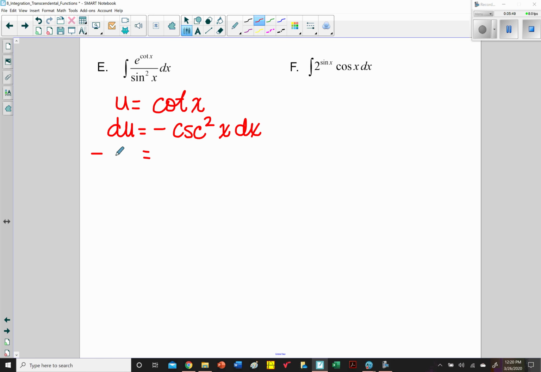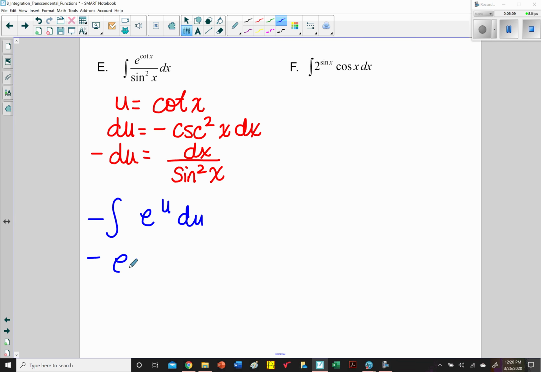So we're off by a negative. And there's a dx in the numerator and a sine squared in the denominator, which balances out perfectly as long as we pull the negative out front. So we're integrating e to the u du, which is e to the u plus a constant times -1. And u turned out to be cotangent. So piece of cake, that was pretty simple.